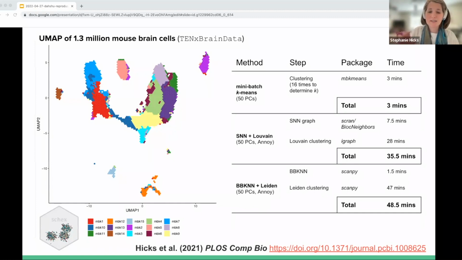Those two processes took 35 minutes and 48 minutes respectively, showing really large cost savings in terms of speed for mini-batch. And if you check out the paper, we did go on to compare the clusters that we got from graph-based clustering to mini-batch k-means, and they're really comparable, and they're available in the supplement.